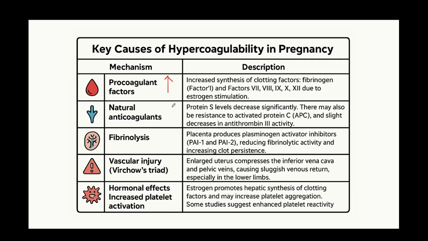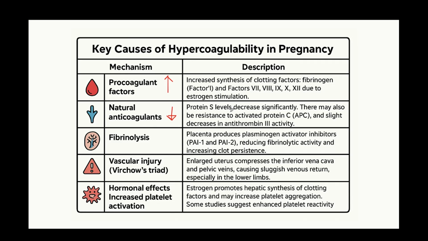Natural anticoagulants start to decrease. For example, protein S level decreases significantly, there might also be resistance to activated protein C, and a slight decrease in antithrombin 3 activity. And fibrinolysis: the placenta produces plasminogen activator inhibitors, PAI 1 and 2, which reduce fibrinolytic activity and increase clot resistance.